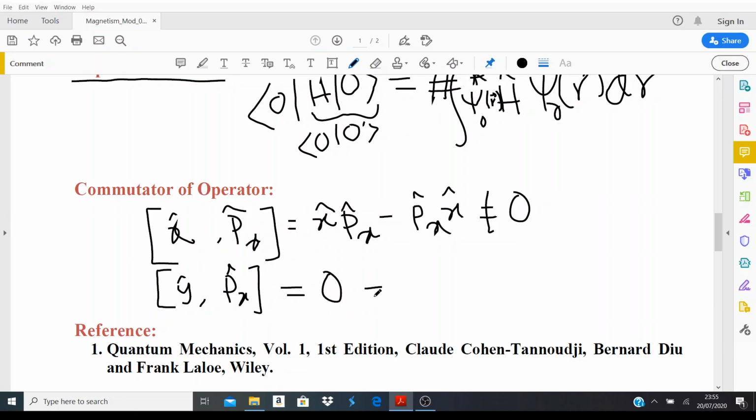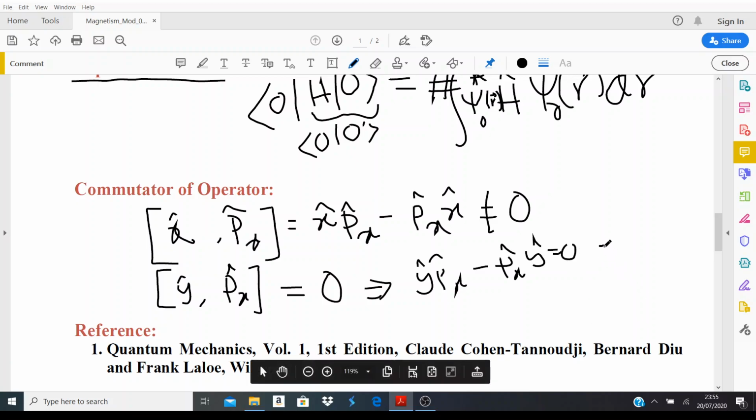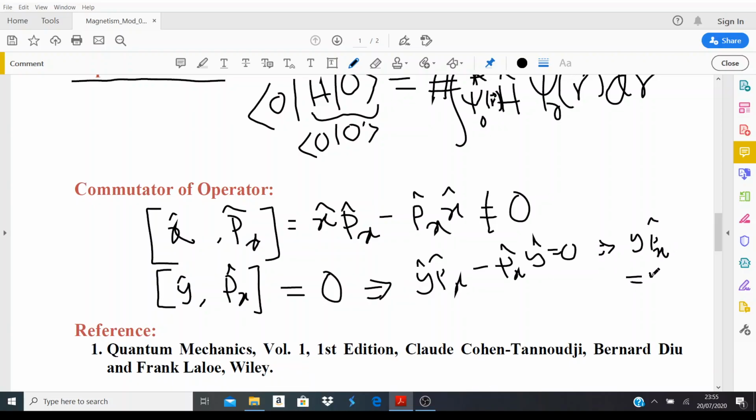All that means is that actually you can see it from here, y px minus px y is 0. It means y px is equal to px y. So you can change the order. You don't have to worry about that.